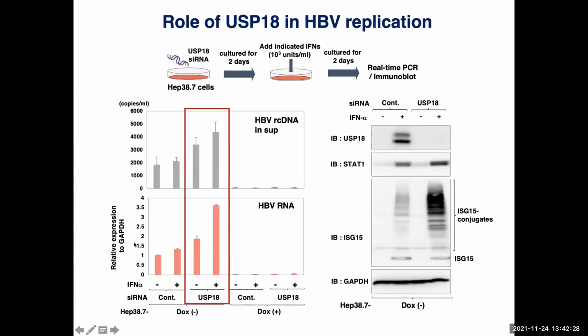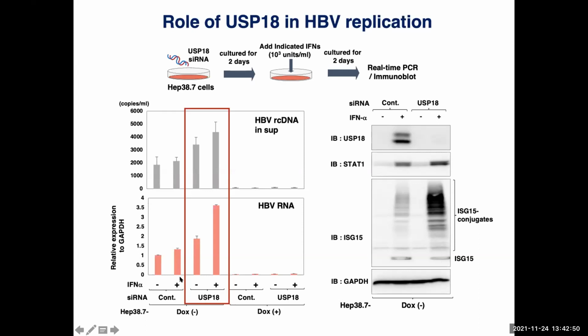Then we also knocked down USP18. USP18 is a counterpart of ISGylation. So USP18 is a protease that cleaves the covalently bound ISG15 from the substrate.